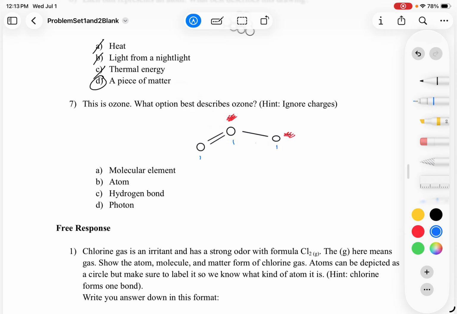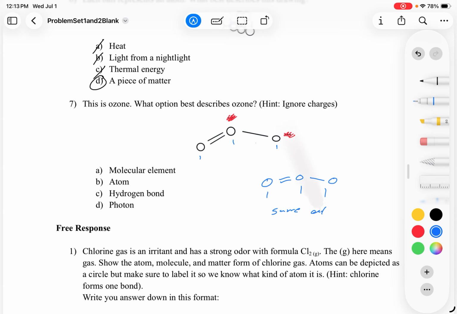More than 2, so basically 2 atoms or more bonded together is a molecule. And like we did in number 1, I believe, this is an oxygen bonded to another oxygen, bonded to another oxygen, ignoring the charges. And they're all the same type of atom.